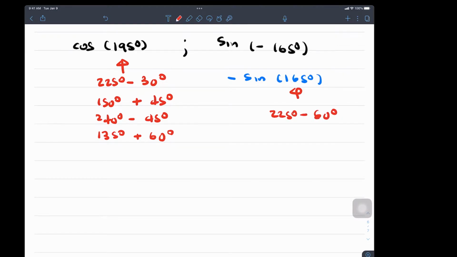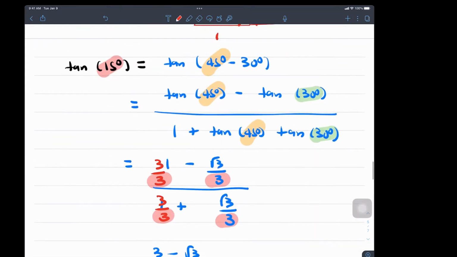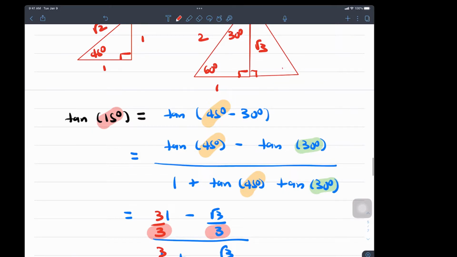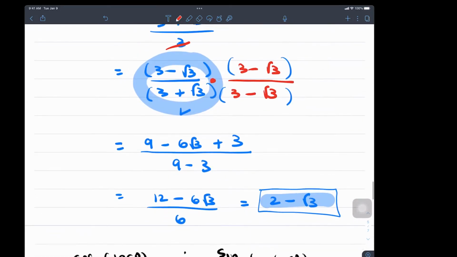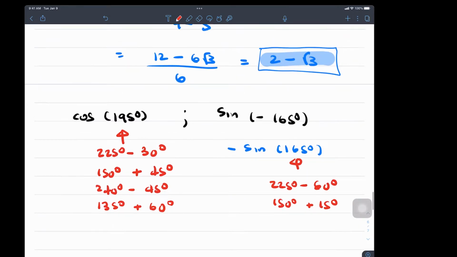But similarly, you can even use 150 degrees plus 15 degrees, if you already found sine. We found tangent, but if you found sine, then you could use that because you already know what it is, right? You guys see what I'm saying?